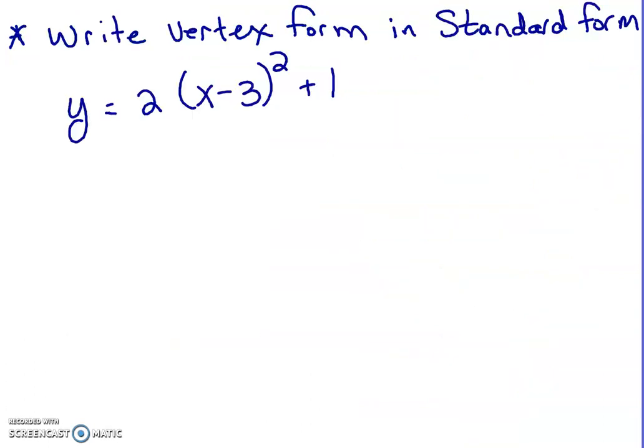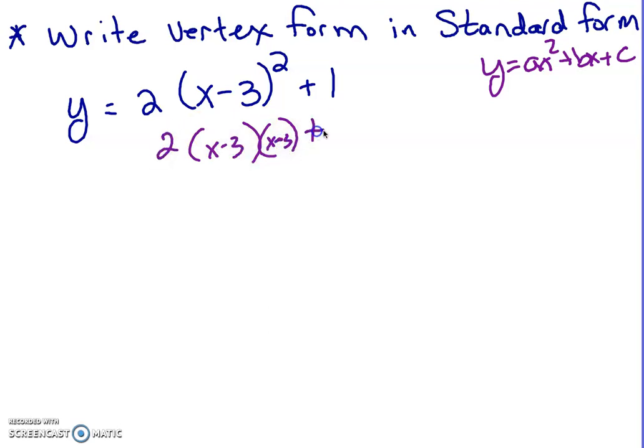Next topic, sort of along with vertex form: we want to write vertex form in standard form. So here I'm giving you an equation that's in vertex form, and how do I write it in standard form? Remember, standard form is ax squared plus bx plus c. So what I want to do is basically evaluate this. Remember, this means (x minus 3)(x minus 3). So I'm going to work this out. I'm going to FOIL this.